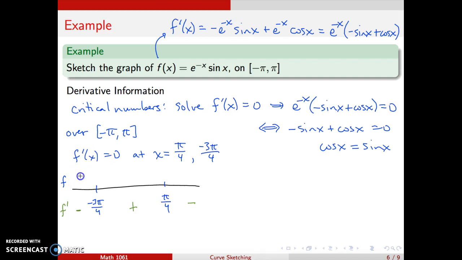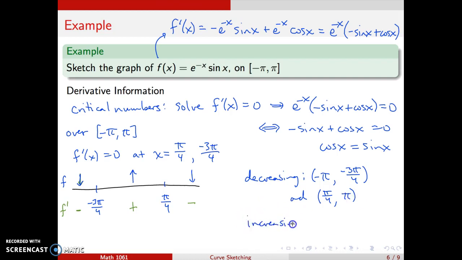So the function is decreasing, then increasing, then decreasing. So decreasing from, let's say, negative pi to negative 3 pi over 4 and pi over 4 to pi, and increasing from negative 3 pi over 4 to pi over 4.